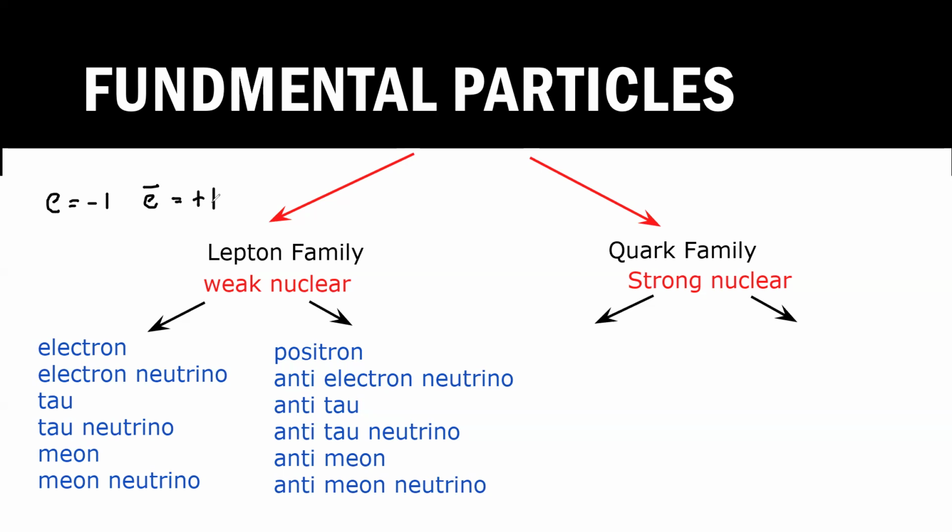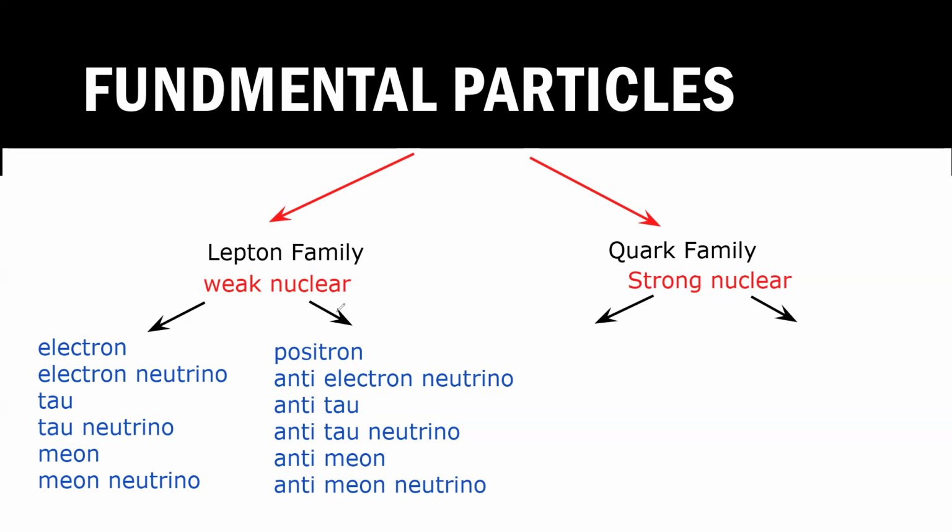The anti-electron or positron will be +1. So the main difference between the particle and its antiparticle is the charge. They have the same mass, but their charges are different. All of these lepton families experience a weak nuclear force. The interactions are always with a weak nuclear force.